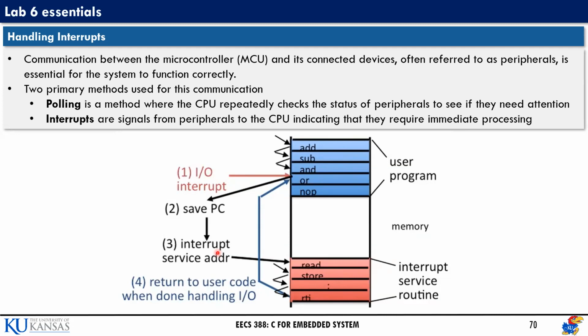This mechanism allows microcontrollers to deal with asynchronous events efficiently. As you can see here, after it is done with the interrupt service routine, it goes back again to the user program.